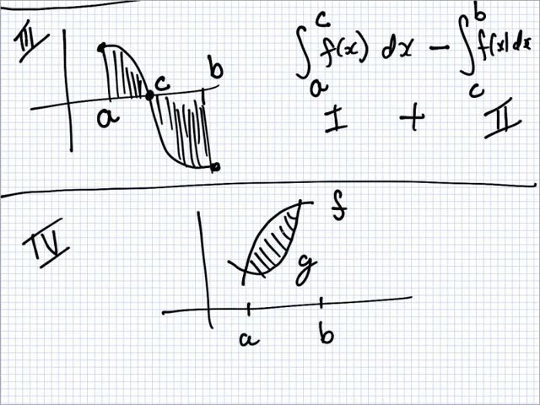And we should make the further condition that this area is one piece and not 2. In other words, I don't want a situation like this where it's 2 pieces.